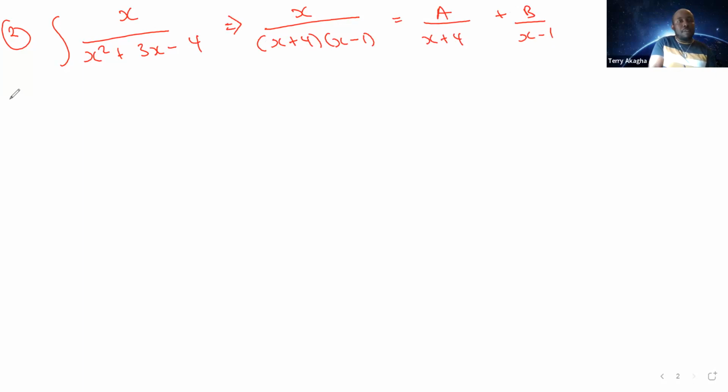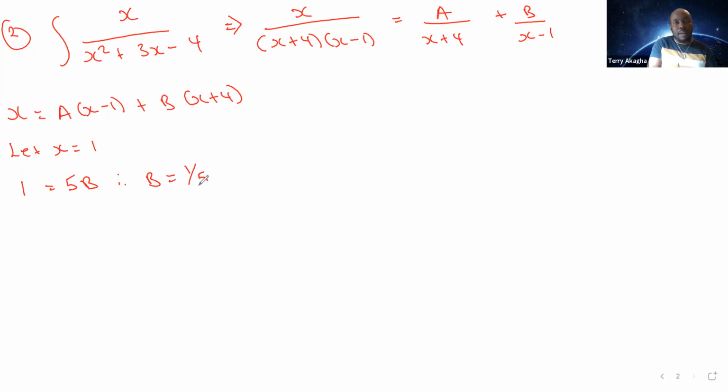Now I have to use partial fractions to find a and b. So x is equal to a(x minus 1) plus b(x plus 4). Let x be equal to 1, so this cancels out, and 1 is equal to 5b. Therefore, b is 1 over 5.